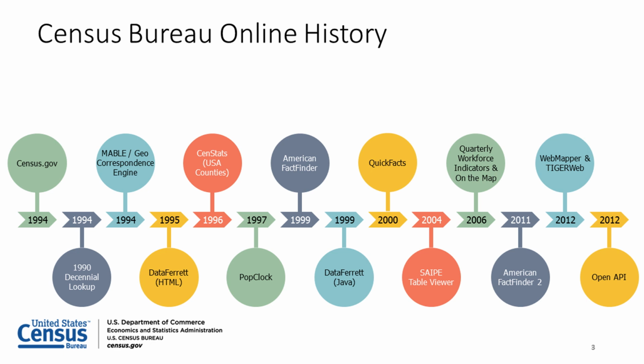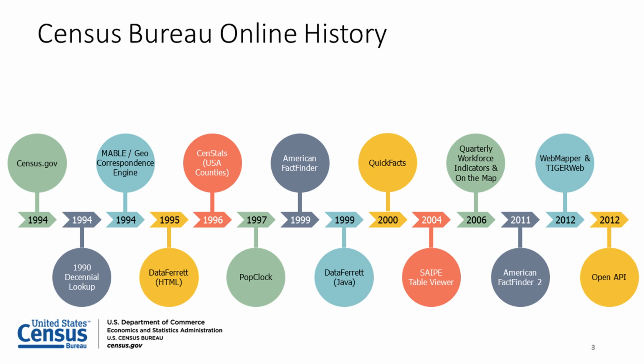So just quickly, for the Census Bureau, why we're doing this: our online history, if you can see, Census.gov started in 1994. We've gone through all of these different tools, some that you may use or have heard of: the Pop Clock, DataFerrett, American FactFinder 1, American FactFinder 2 in 2011, and then it leads all the way up to the Open API in 2012.